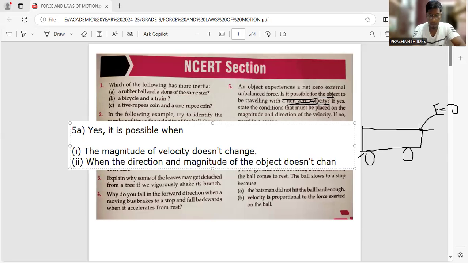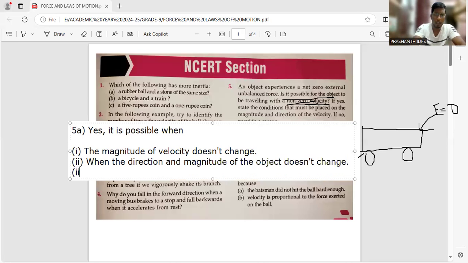When the direction does not change, if the body is going in a straight path, then velocity can remain constant. Yes or no? So these are the two conditions, and one more condition is also there.